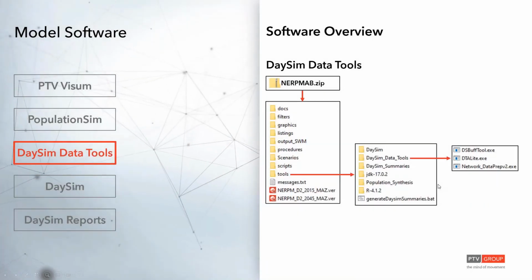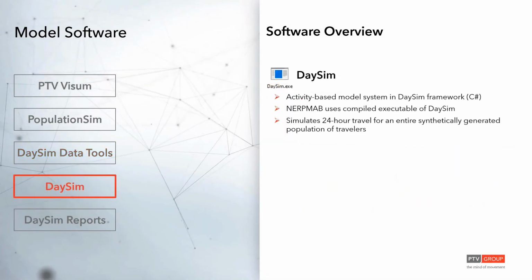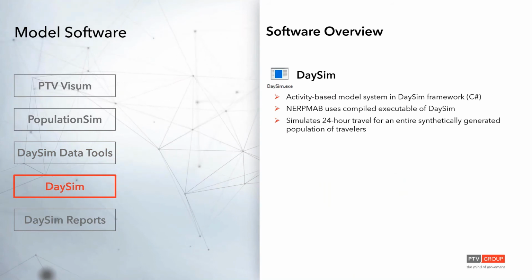In the interest of time, the next tool is Dacing. So Dacing is the core demand generation engine in NERPMAB, which generates the disaggregate residential demand. And activity-based models, they are developed in different frameworks.